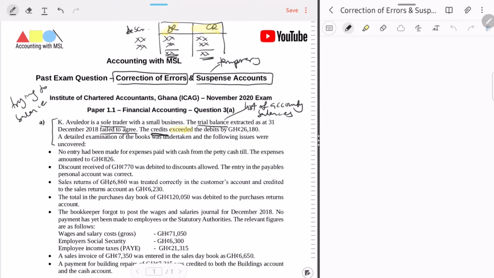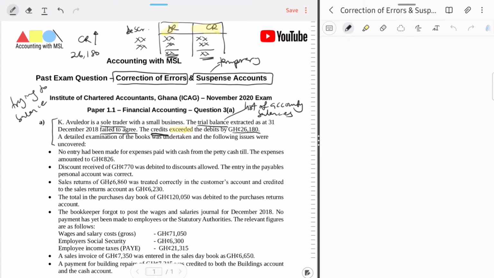So the credits were higher than the debits by 26,180. All this means is that they had more credit entries than they had debit entries. So our exercise today will be to investigate what caused this error, and then I'll show you how to correct all of these errors in the process.